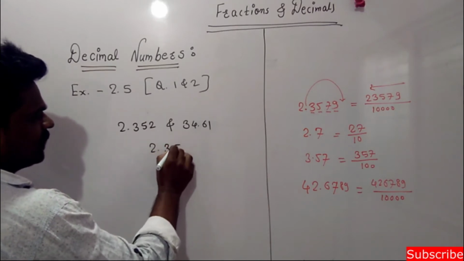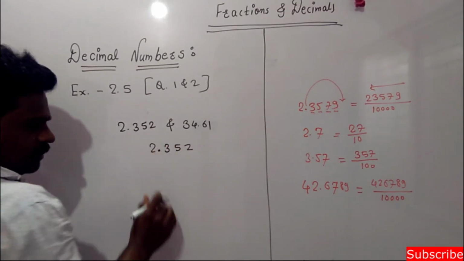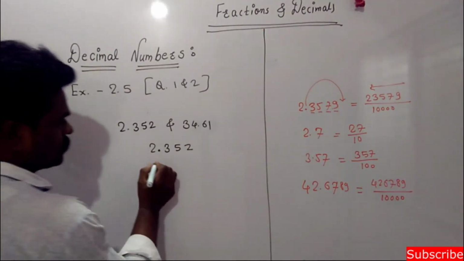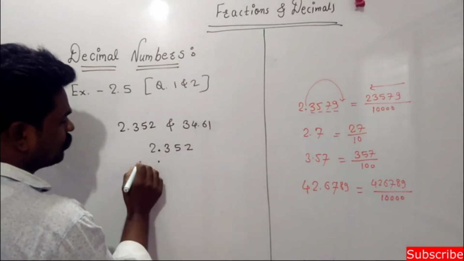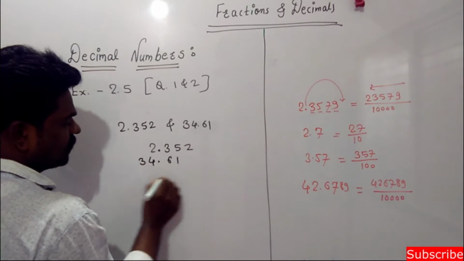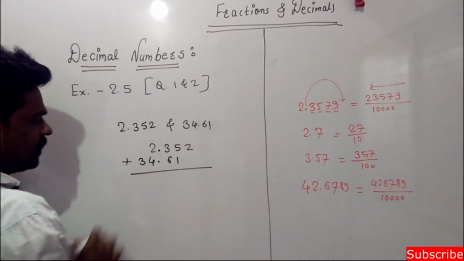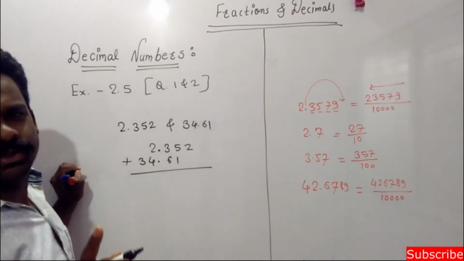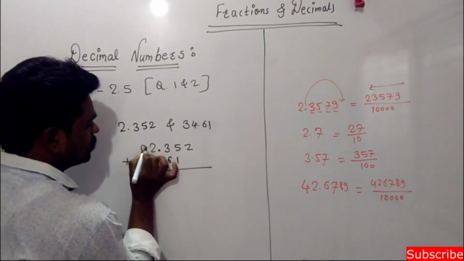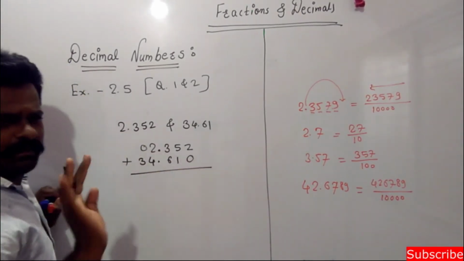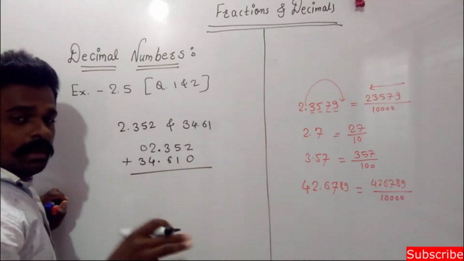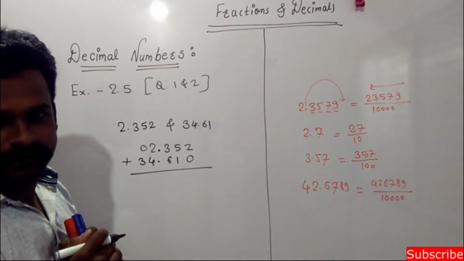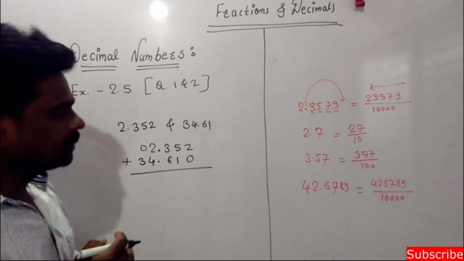We write 2.352, and we just need to place the decimal point below the decimal point, so that means 34.61 below it. Other digits will come as they are. Wherever there is a gap, that means no digit is there, you just add a 0. Your numbers will not change. But don't add zeros in between two non-zero digits, otherwise that will change the whole meaning of the number.